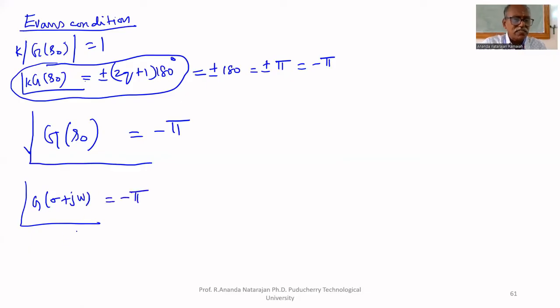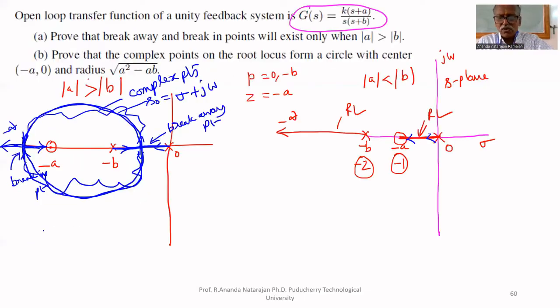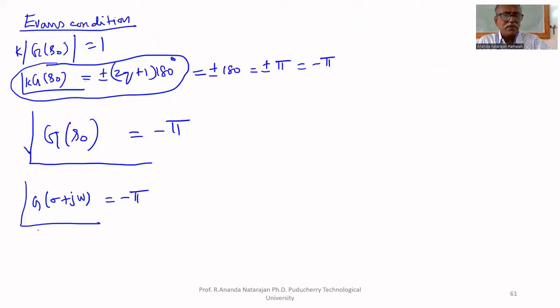What is G of j omega? G of S is given as K multiplied by S plus A, upon S multiplied by S plus B. But S equals sigma plus j omega.